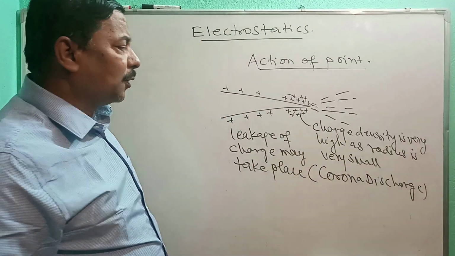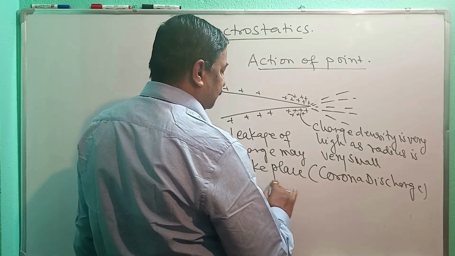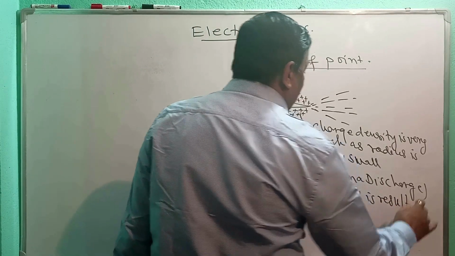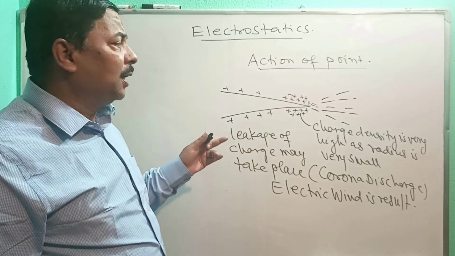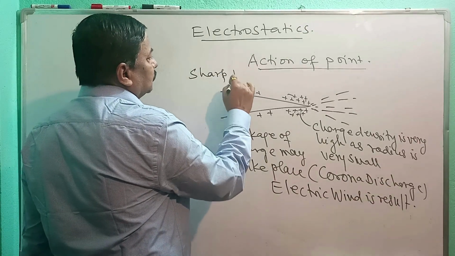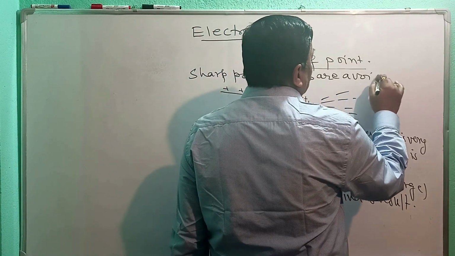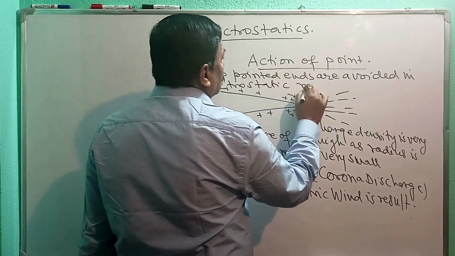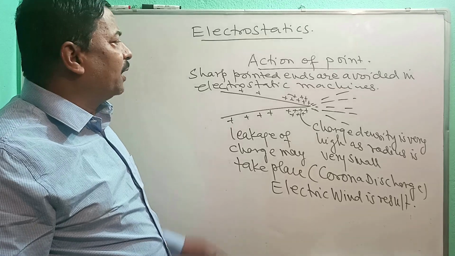Due to this leakage of charge, electric wind sets up, and this is the reason why sharp pointed ends are avoided in electrostatic machines.